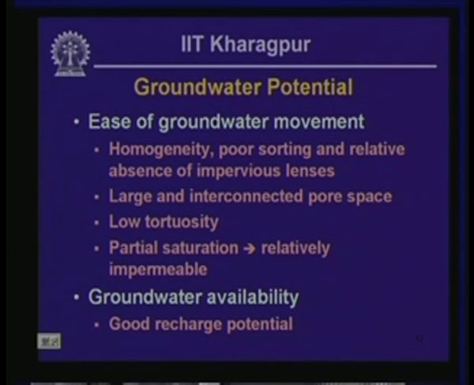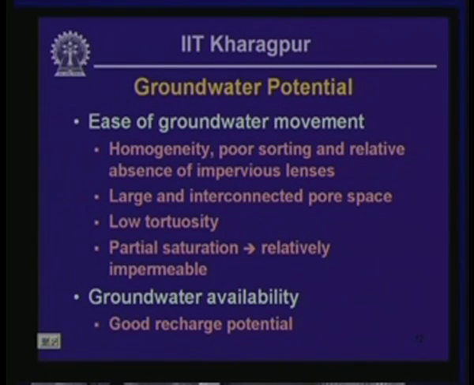And you also need groundwater availability to have good groundwater potential. If a soil deposit meets all the things that we discussed in the previous list, but it has no possibility to get recharged with groundwater, then that particular volume of soil cannot act as a potential source of groundwater.